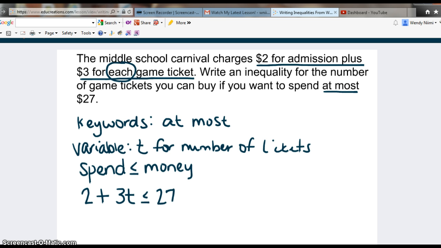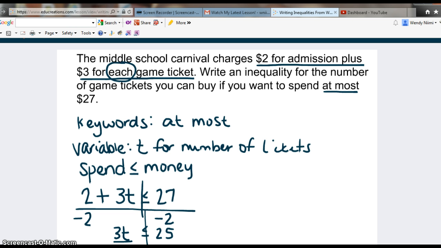So now we're going to solve our inequality just like we would any other equation. Looking at our letter T, we want to isolate that letter, so we look at the piece that's added or subtracted. We're going to subtract 2 on both sides. That leaves us with 3t is less than or equal to 25.